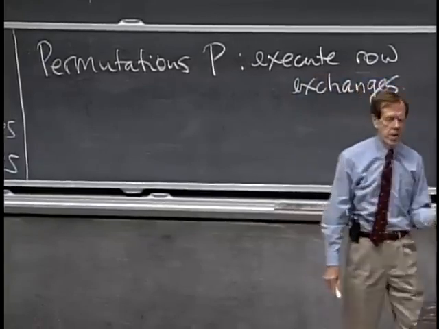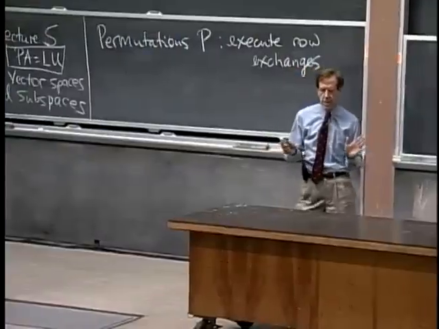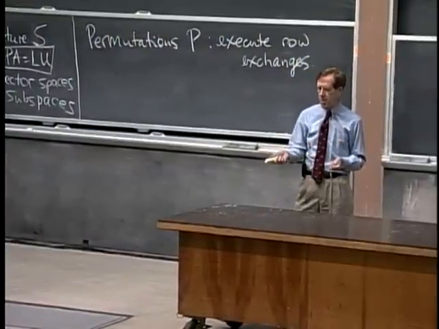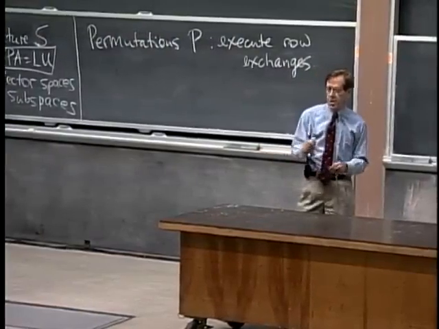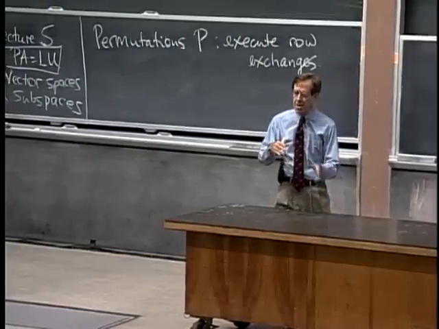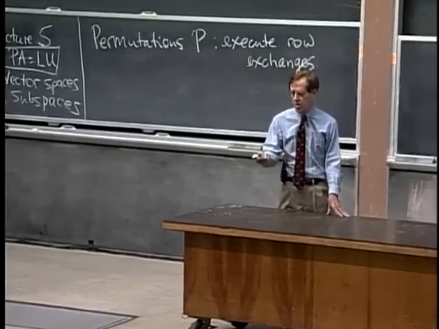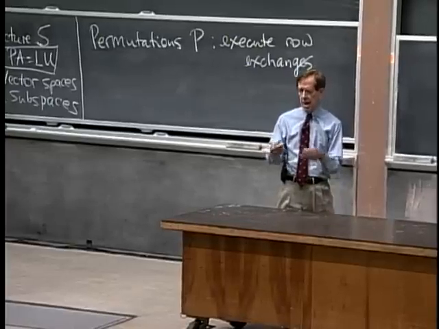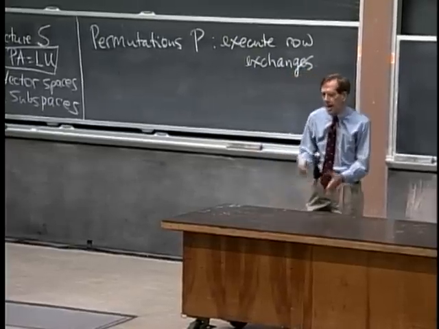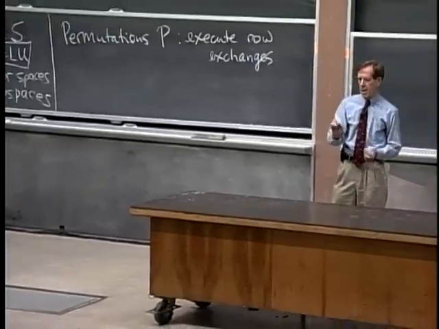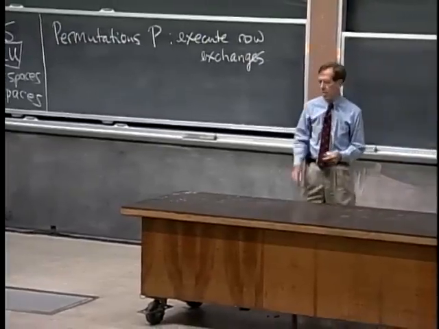We may have a perfectly good matrix A that's invertible, that we can solve Ax = b. But to do it, I've got to allow myself that extra freedom that if a 0 shows up in the pivot position, I move it away. I get a proper non-zero pivot there by exchanging from a row below.